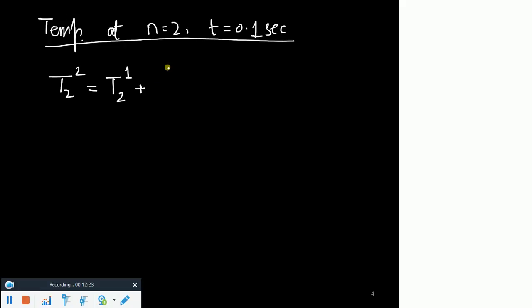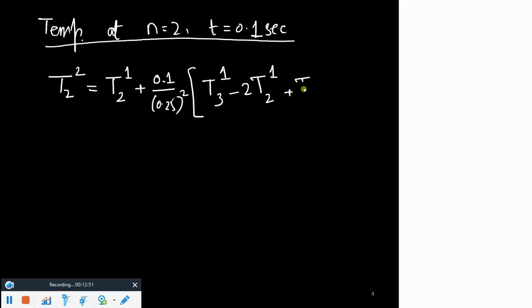I took it as 1, and what was delta t? It was 0.1, and what was delta x? It was 0.25 squared, right? And then you have T3 at time level 1. What was T3? Because i is at 2, so i plus 1 would be at 3, so this is 1. And then you have minus 2 T2 plus T1. So please plug in the values and tell me what would be T2 at time level 2. Please plug in the values and tell me.